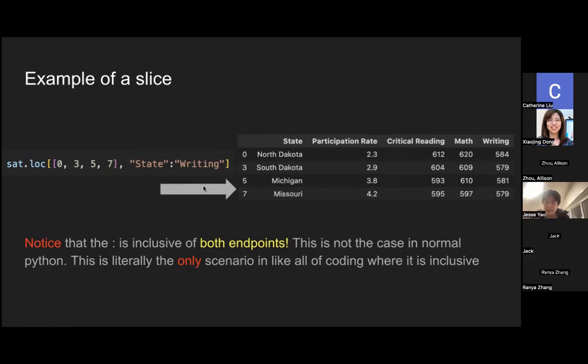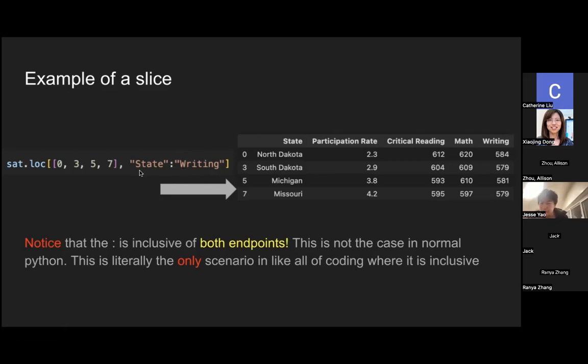In every other slice, in every other coding language, even in Python, even in other pandas functions, they do not include the last endpoint. This is literally the only function that includes the endpoint. I think it's because we're slicing strings, column names as opposed to column indexes.